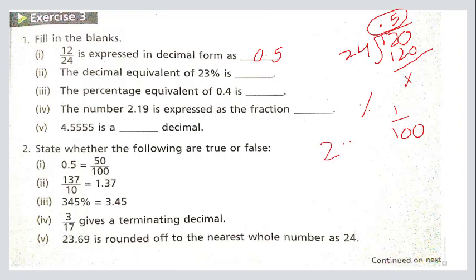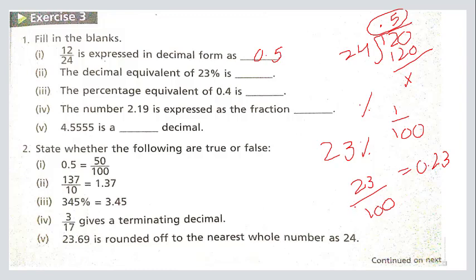So 23% means 23 by 100. Now 23 by 100 in decimal will be equal to 0.23.